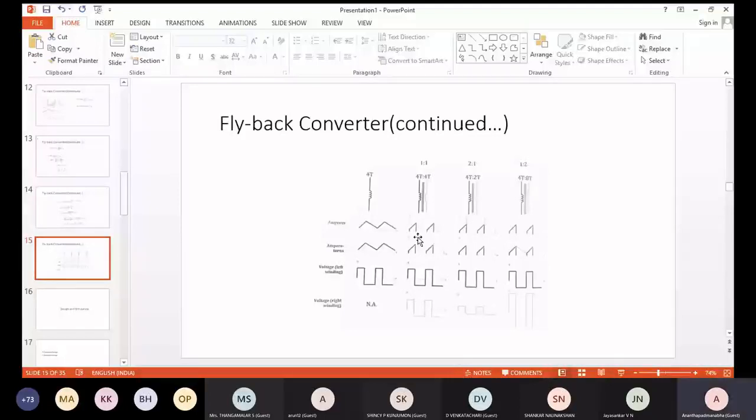This slide is basically to convince you that the inductor and coupled inductor are one and the same. Only the current flow will be physically at different places depending upon the time. At one particular time, the current flows through a particular inductor; in another duration, it flows through some other path.